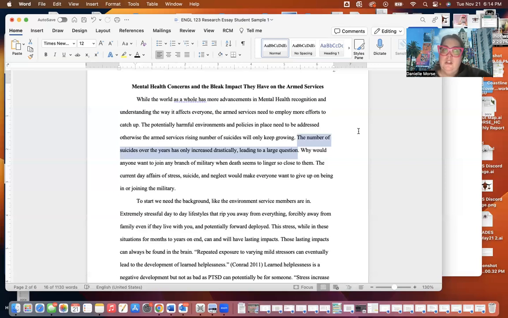All of those types of questions are important and need to be fleshed out concisely in the introduction. Because when we get into numbers like that, when we're talking about things like suicide and mental health concerns, we need to understand exactly what that means. What are we dealing with? Really, what are we dealing with?